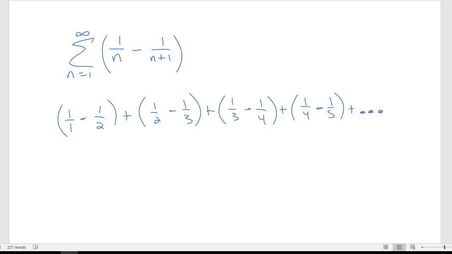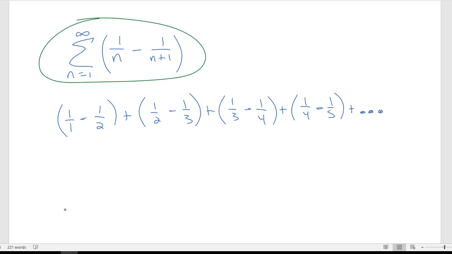The reason we call this telescoping is that we're going to notice a unique cancellation pattern. This series really came from using partial fraction decomposition. I'll look at another example a little deeper, but this original expression was developed by using partial fractions on a rational expression. But back to the idea of telescoping.